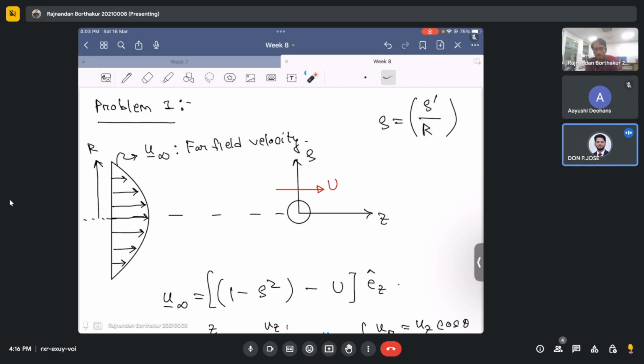In that case, you would be given the prerequisites, basically, that this is the Navier-Stokes equation in the z direction, the r direction, or the theta direction. So that would be given.